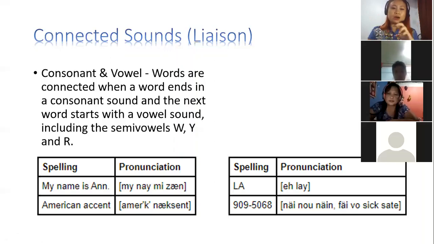Especially when a word ends in a consonant, let me use a pen right here. The consonant is the ending, and the next word starts with a vowel, so you can connect them.